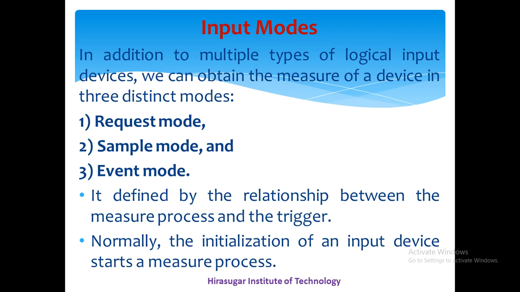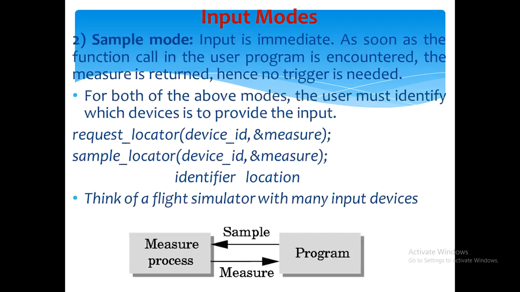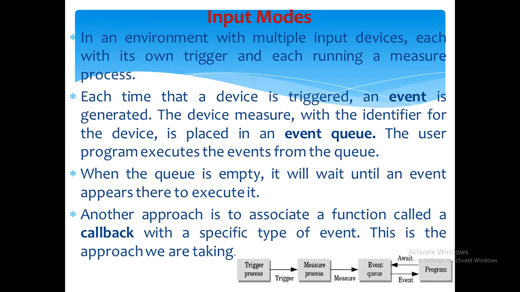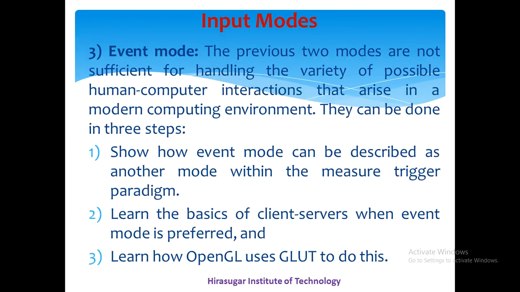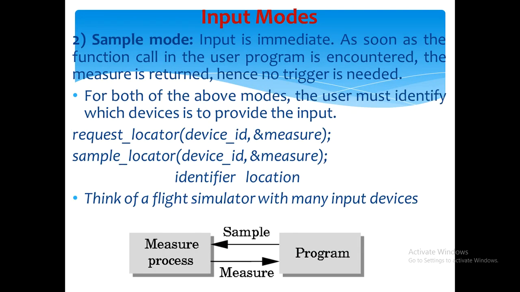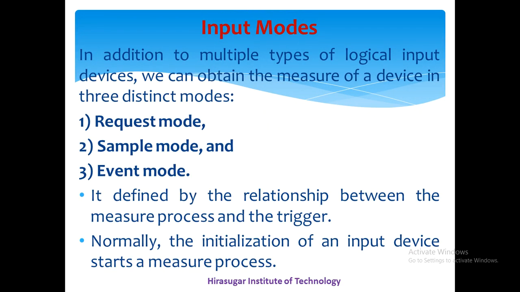Then input modes. These devices will work in different types of modes. In addition to multiple types of logical input devices, we can obtain the measure of a device in 3 distinct modes.